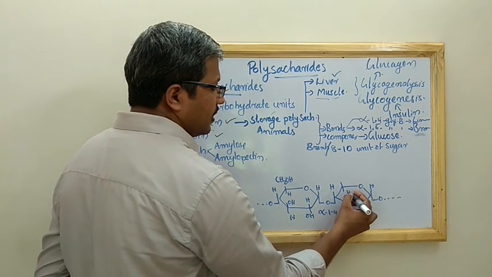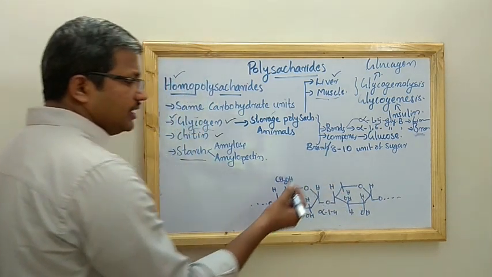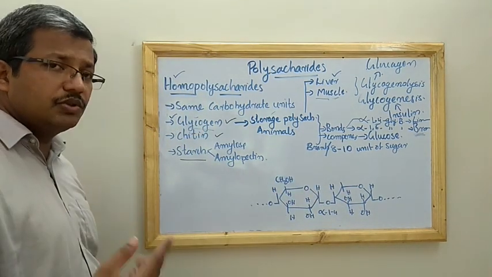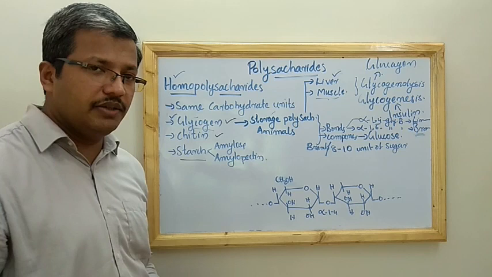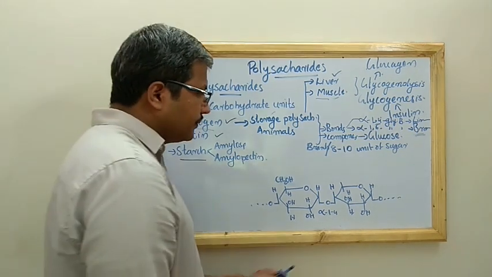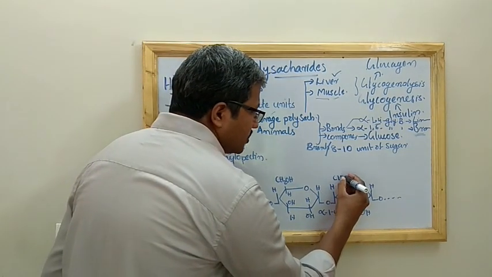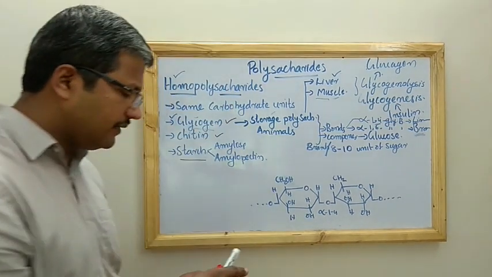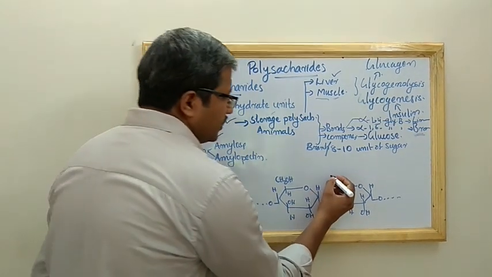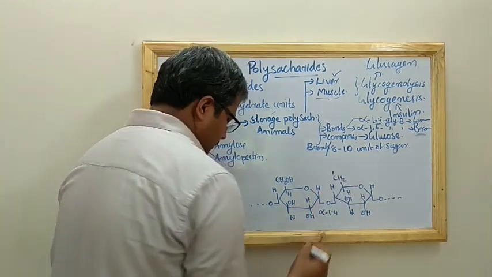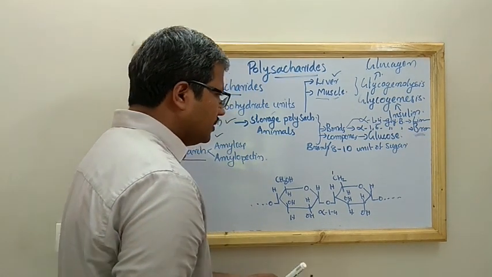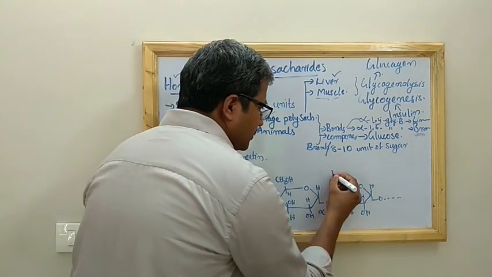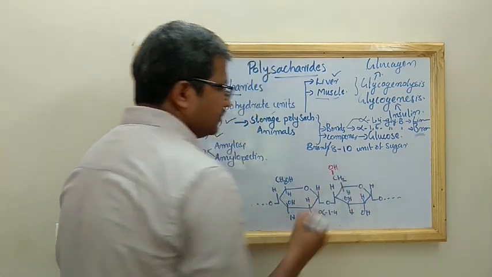I'm here marking the branching H. We know that for CH2OH, we did not draw the branching before, right? So I'm just using a different color. CH2 is there, and we know it will be linked with the OH. CH2OH is actually the OH.